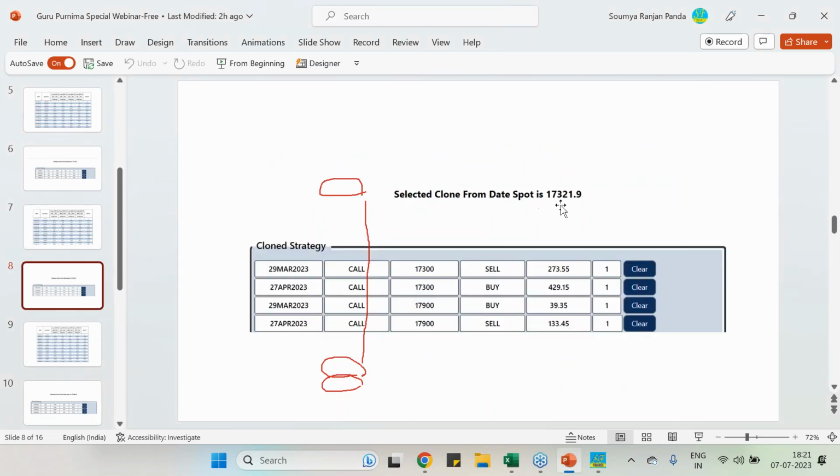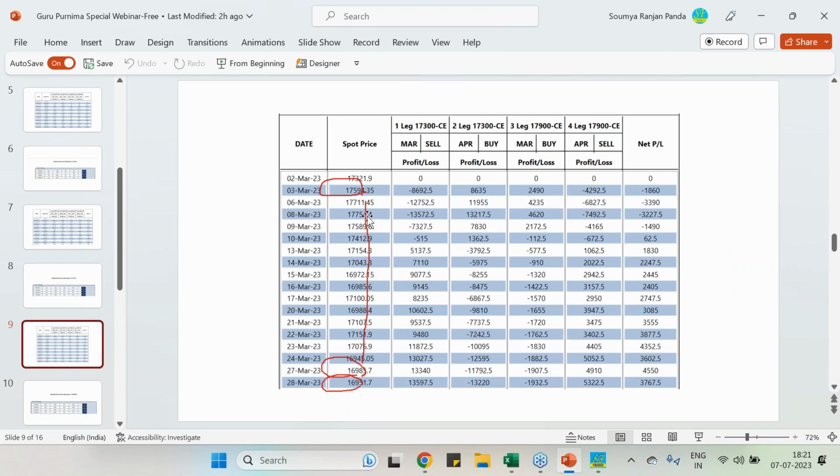March also, same logic. We are putting 17,300. We formed a debit calendar, then a credit calendar. March also we formed the debit calendar, credit calendar. But what happened? 200 to 300 points up, it has gone up. Then it fell back, consolidated. We have made the money.